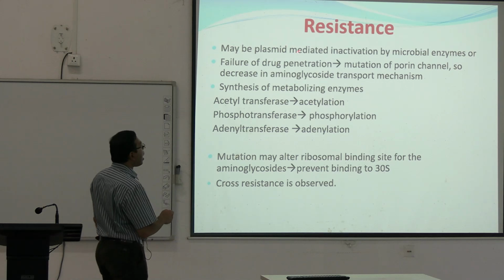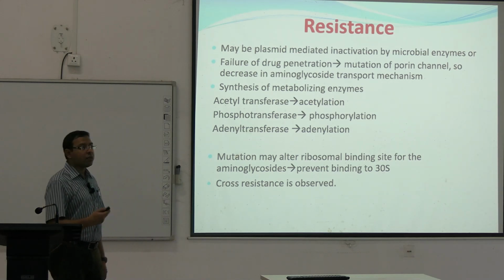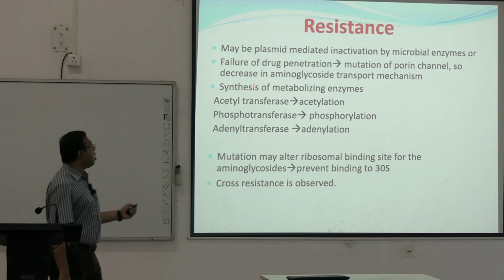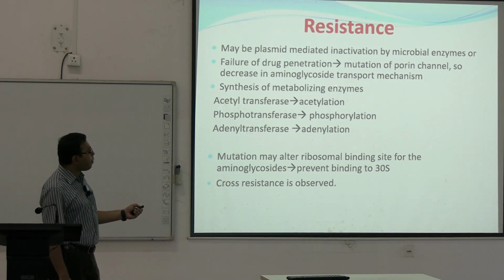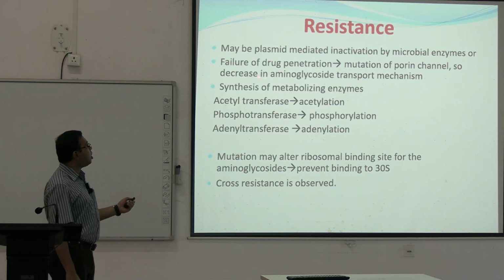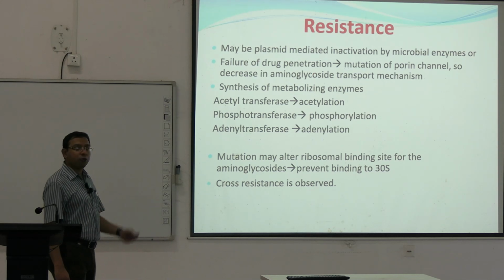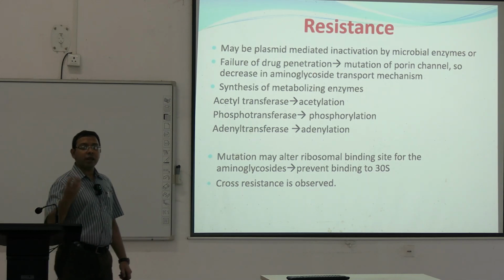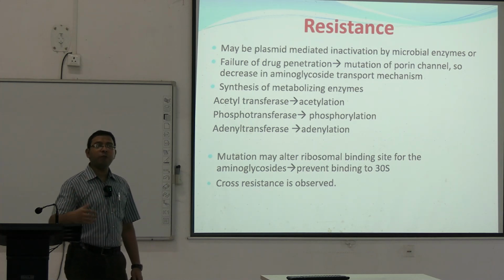Development of resistance may be plasmid mediated, with inactivation by microbial enzymes. Failure of drug penetration may also happen due to mutation of the porin channels, so there may be a decrease in the aminoglycoside transport mechanism. There may be synthesis of metabolizing enzymes that metabolize the aminoglycosides before they act.